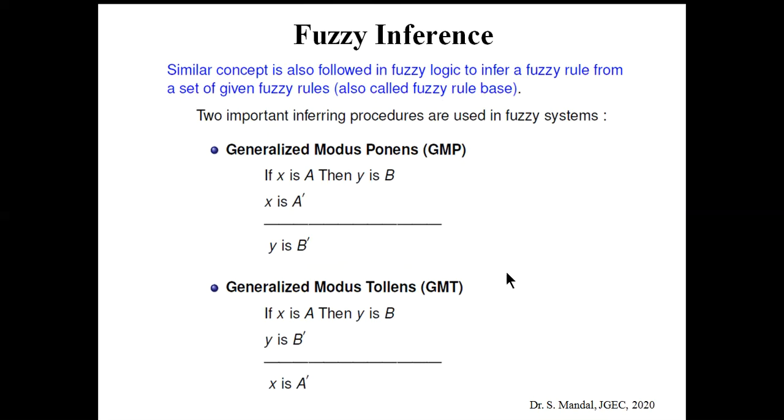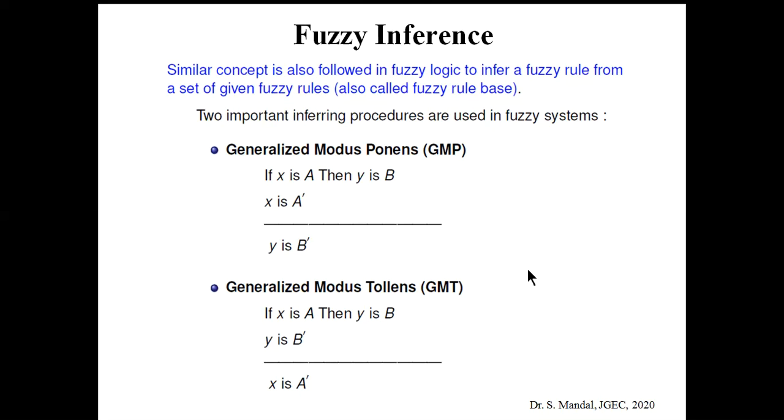Okay, this one is called the Mamdani rule. This one is the Larsen rule. Now coming to the next point, fuzzy inference. A similar concept can be applied in fuzzy logic. A fuzzy rule can be inferred.